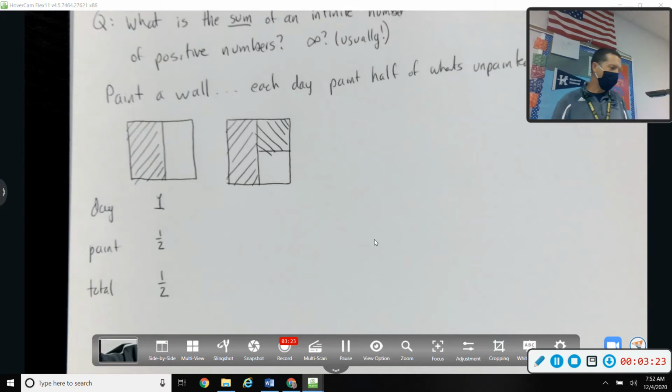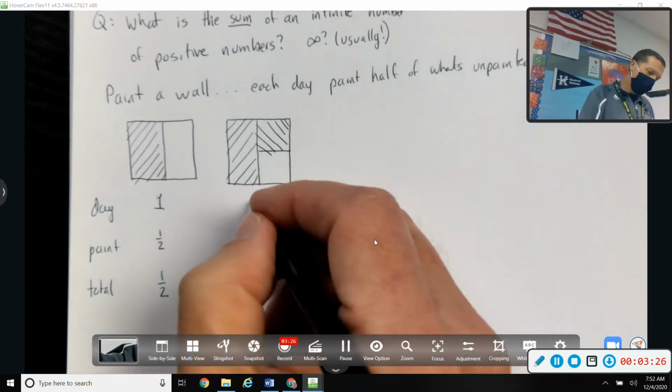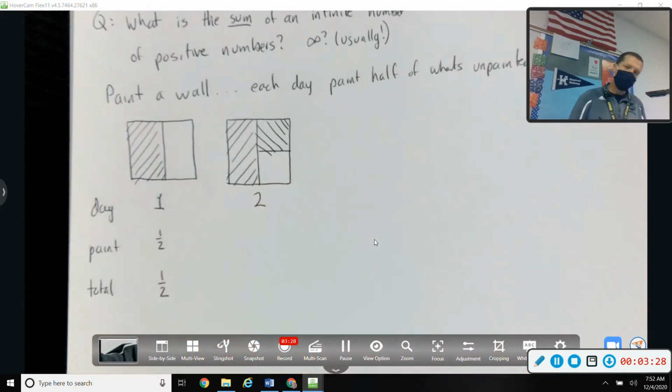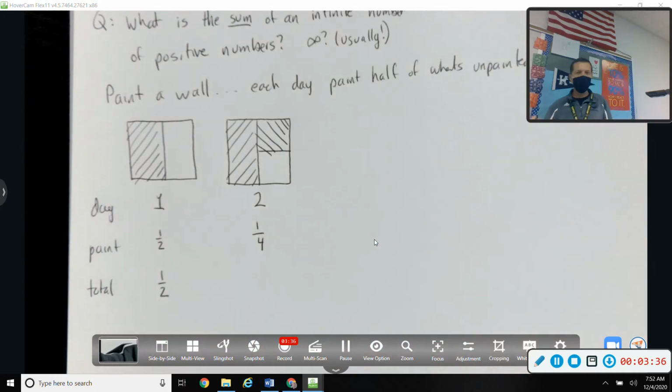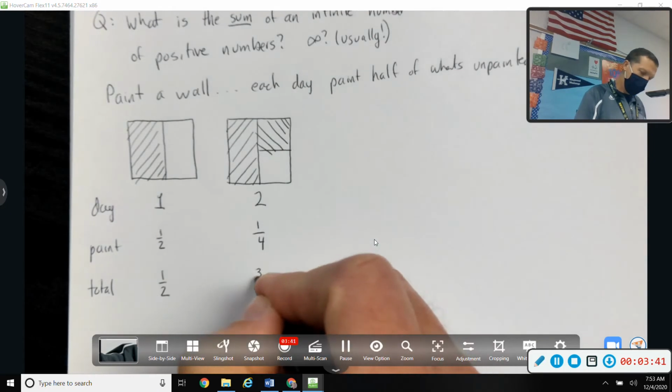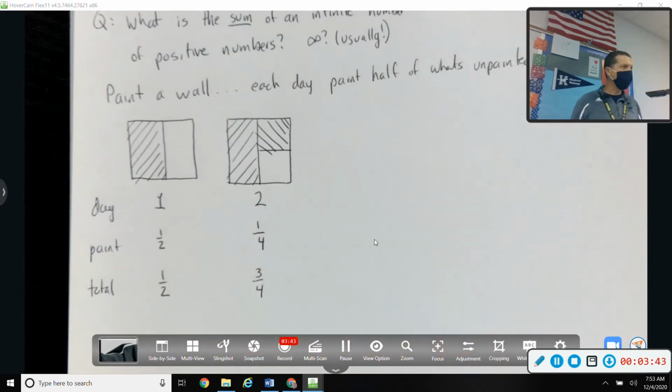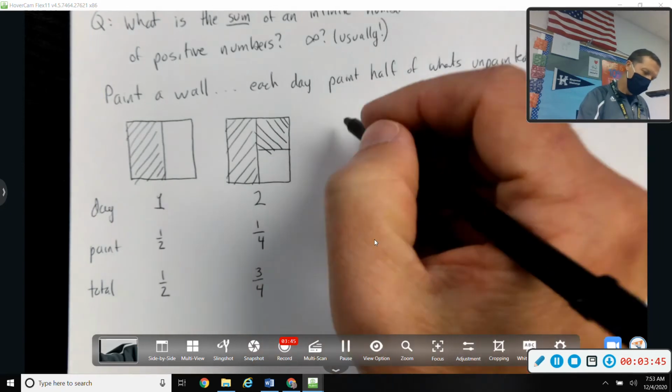So there's what we painted today. So on day 2, how much of the total wall did we paint? We painted a fourth, and now how much of the total wall is painted? 3/4. Okay, we're getting close. Like we made progress that day, so we're okay.